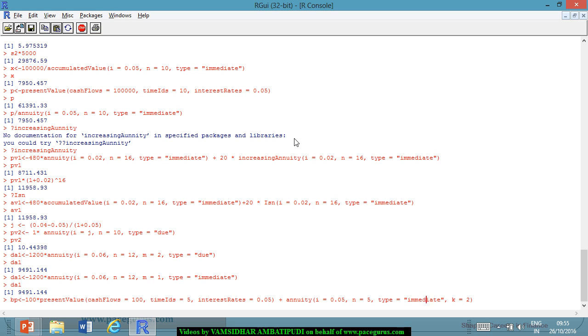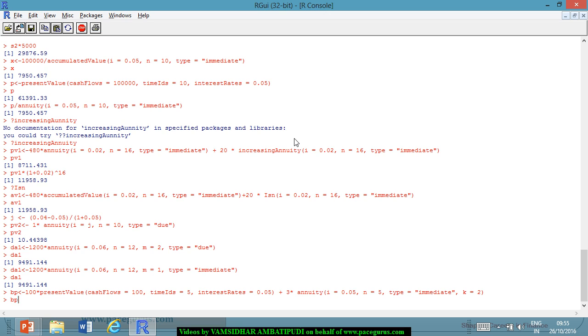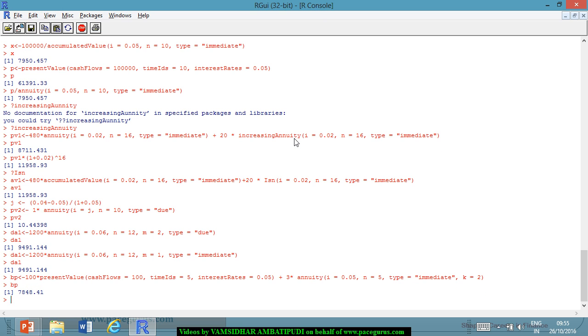So this entire annuity, I'll multiply with 3 because 3 is the amount that is following this particular process. So let's see what is the value of BP, which is nothing but the value of this bond. Why is it coming out to 7,800?